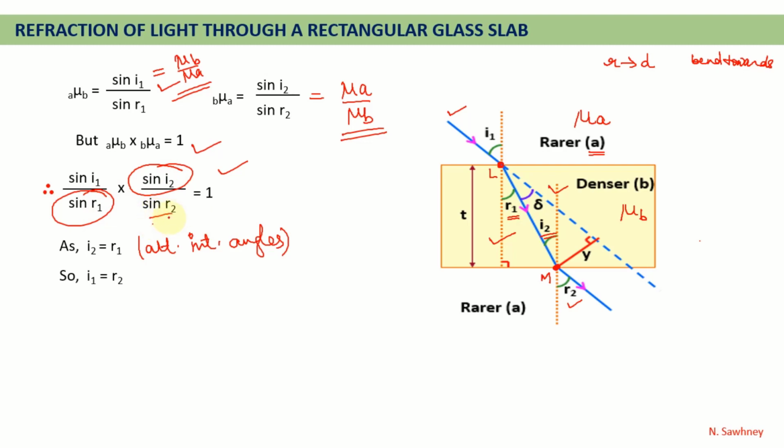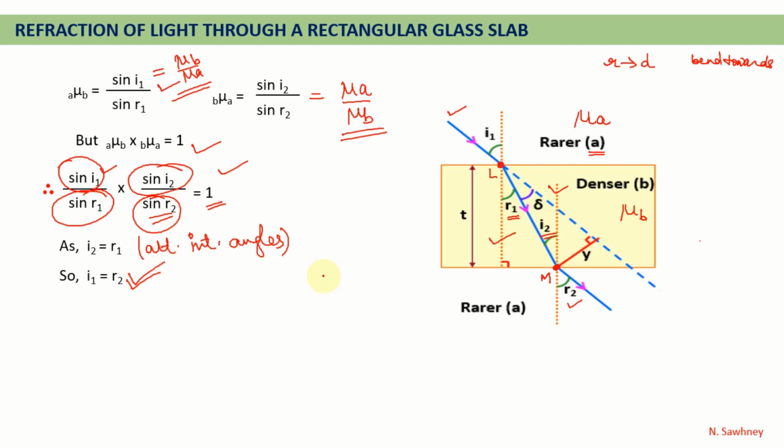these two, as they are equal, they will lead to 1. So we are left with these two terms now, and on the right hand side we are having 1. So definitely these two terms should also cancel each other. That means i1 should be equal to r2, because this will only happen when this term and this term are equal to each other, and this will only happen when i1 is equal to r2.